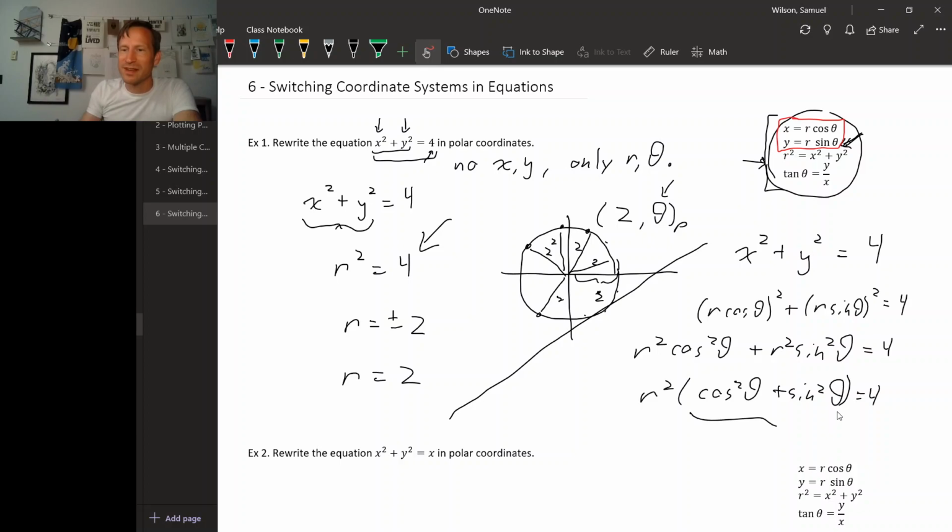And then in the side parentheses here, that's 1 because of the Pythagorean identity. And now we're back to r squared equals 4. So either way, whether you notice the shortcut or don't, you end up with the same equation in polar coordinates. All right, that worked pretty well.